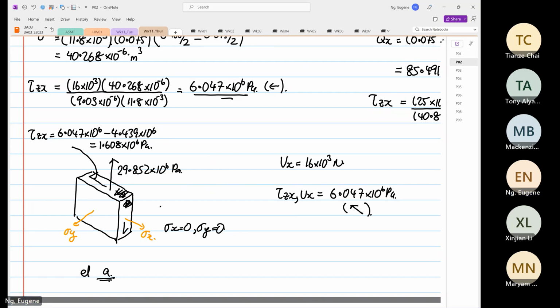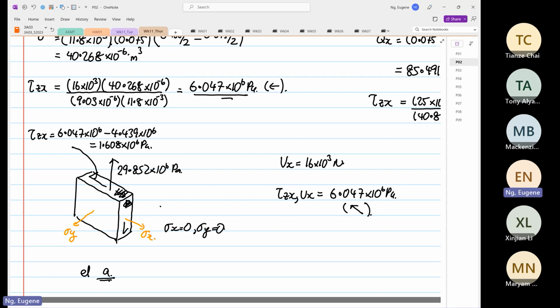It's not difficult. The complexity is you have to remember your stress induced by bending moment and also stress induced by the shear force. And this one does not have torque. Later on, I'll do an example that has torque, so more stress components coming in.